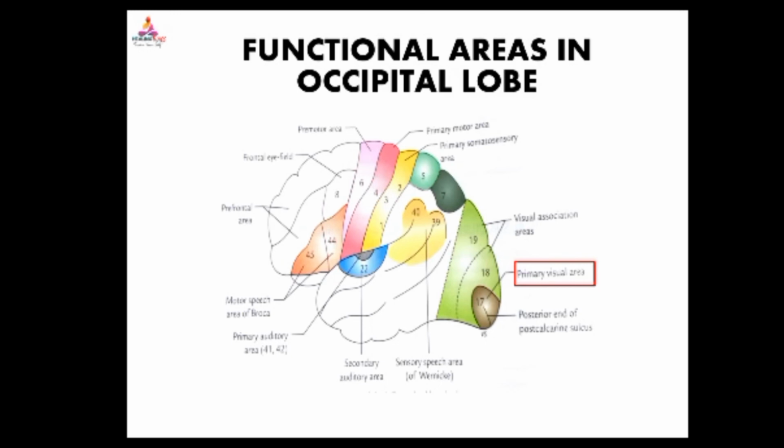Thus, the right half of the field of vision is represented in the visual cortex of the left cerebral hemisphere and vice versa. It is also important to note that impulses from the superior retinal quadrants pass to the superior wall of the calcarine sulcus, while the inferior retinal quadrants pass to the inferior wall of the calcarine sulcus.